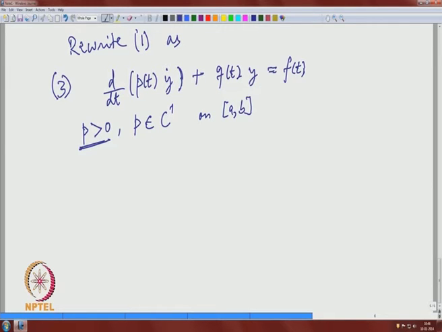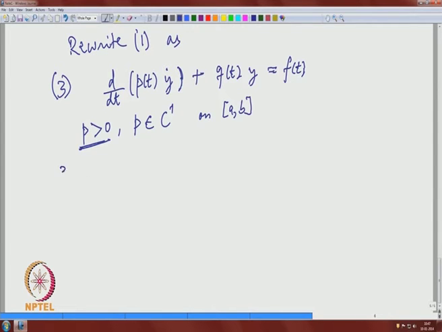That is important. Okay. So, it is very easy to see that 1 implies 3. First, 3 implies 1, that is the easier part.